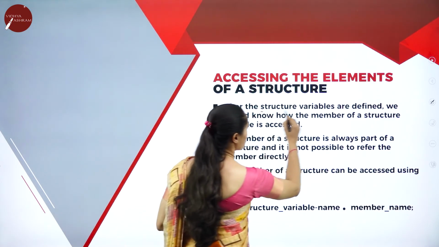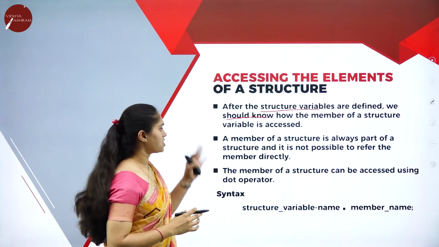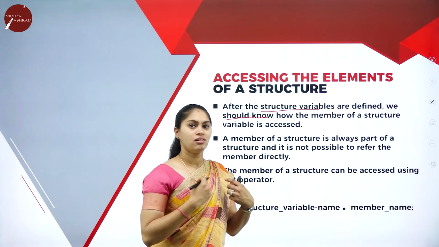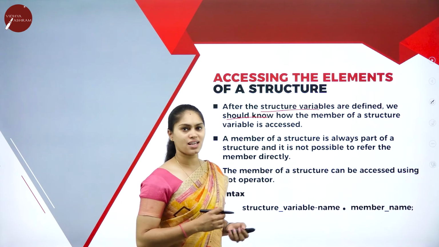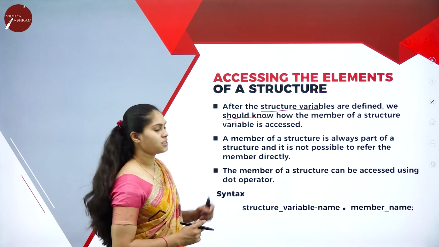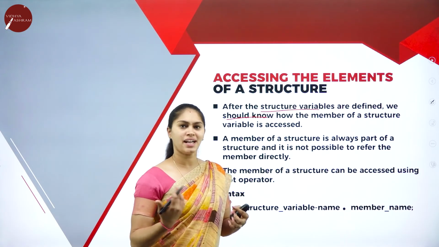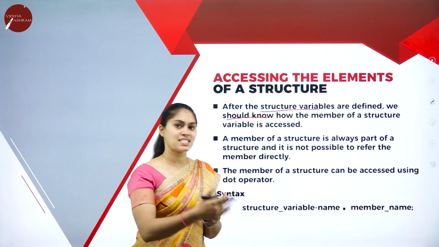After the structure variables are defined, we should know how the members of a structure variable can be accessed. That means I am getting the value of that particular variable. That is what we call accessing the values of the data elements of a structure. Members of a structure are part of the structure, but I don't have direct accessibility to them.